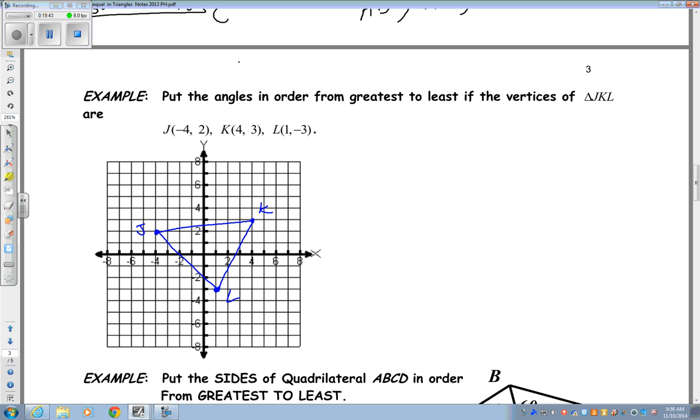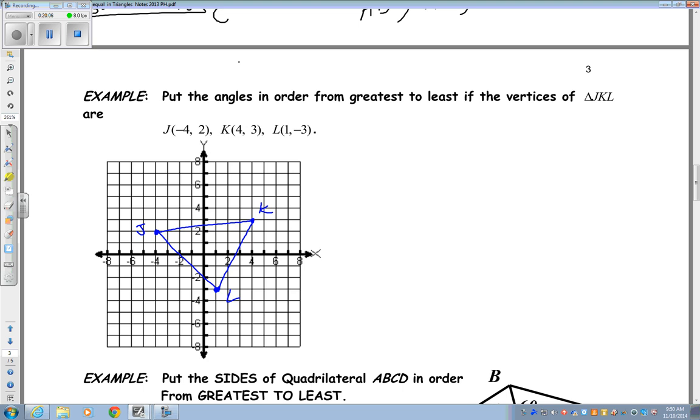All right, so how am I going to determine which angle is the biggest angle? What is needed to determine that? Close, close. What do you need in order to determine the angle measure? No, not the midpoint. We need the distance.